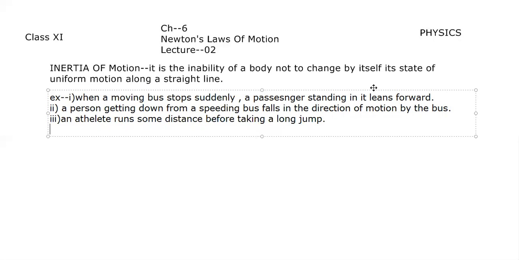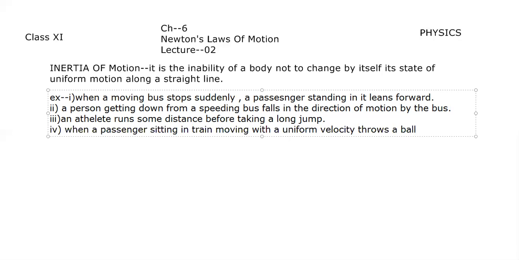Now the fourth point: when a passenger sitting in a train moving with a uniform velocity throws a ball vertically upward, the ball returns back to his hand.